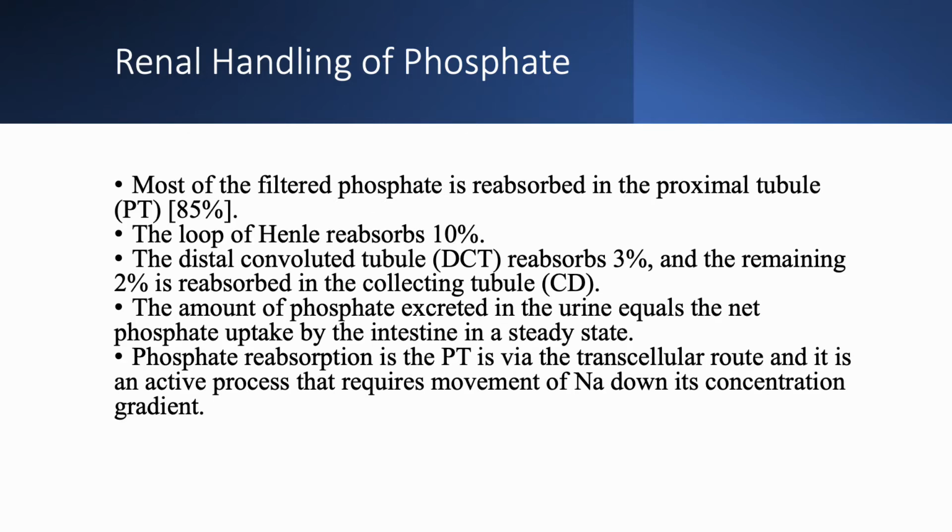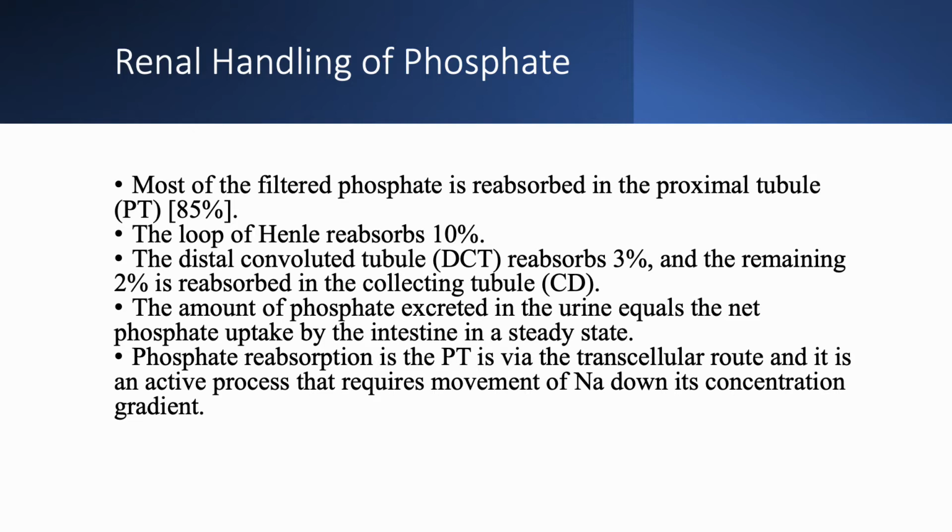Now let's see what goes on in the kidneys. Most of the filtered phosphate is reabsorbed in the proximal tubule, so 85%, the majority of it. 10% is reabsorbed in the loop of Henle. The distal convoluted tubule reabsorbs 3%, and the remaining 2% is reabsorbed in the collecting tubule. The amount of phosphate excreted in the urine equals the net amount of phosphate uptake by the intestine.